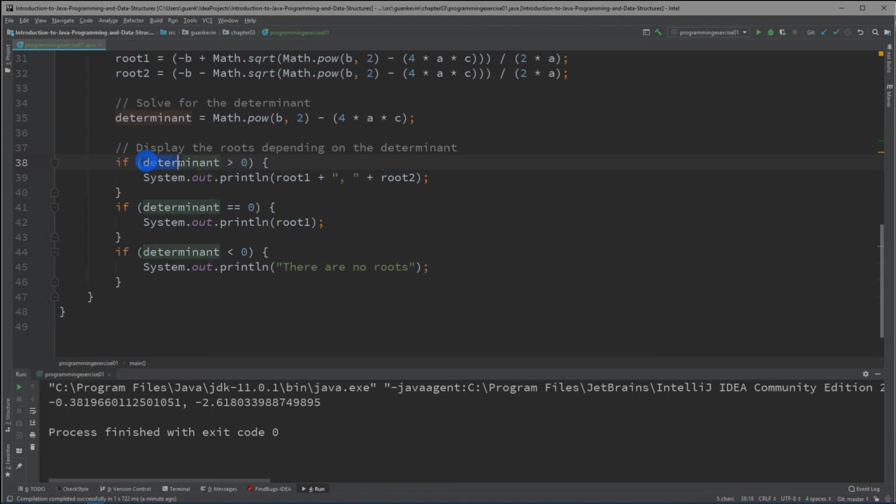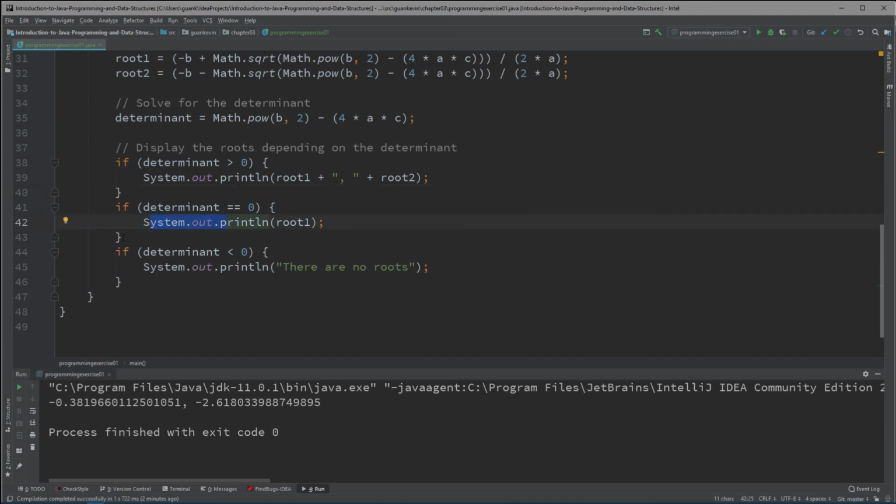If the value right here returns true, then it will display everything in here. If the value in here is false, it will not display anything in here, and the code will continue on right after this parentheses, and it'll jump straight to the next if statement. And then if the next if statement is if determinant equals 0, if this is true, then display.